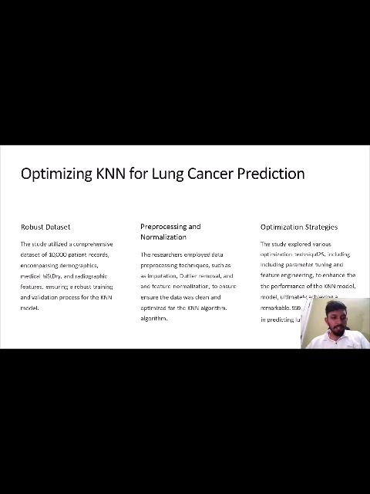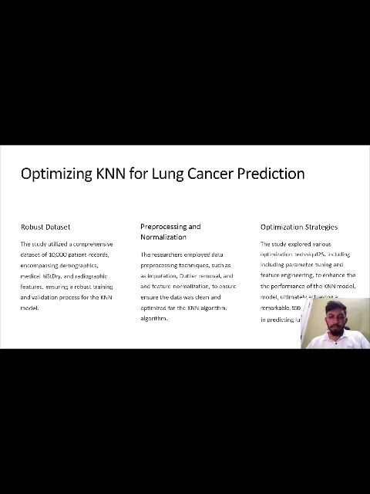The study utilizes a comparative dataset of 10,000 patient records encompassing medical X-ray and radiography features, ensuring robust training and processing of the KNN model.